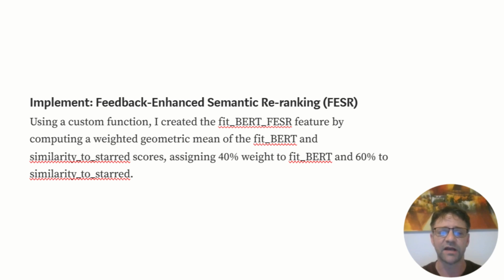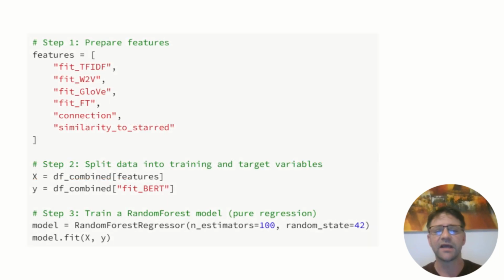So the first model that I tried was just a regression approach. Here we used a random forest regressor, and we used fit BERT as the target, and we used all of the other fit features we created, plus the connection feature and the similarity to starred feature.